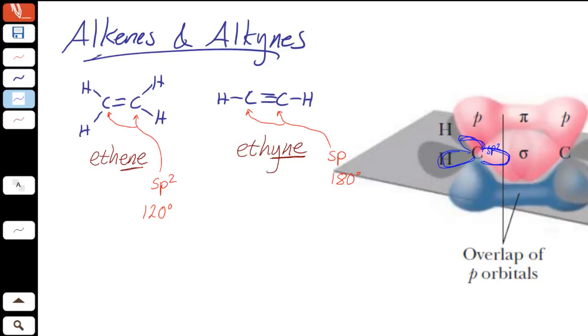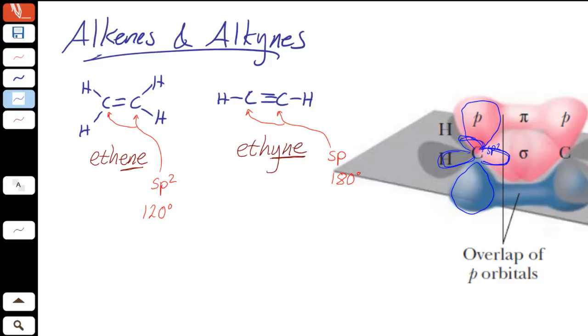And since there is one s orbital and 3 p orbitals, that means there's a third unhybridized p orbital. So a p orbital that is not part of the hybrid orbitals, that is pointing straight up, orthogonal to the hybrid orbitals.